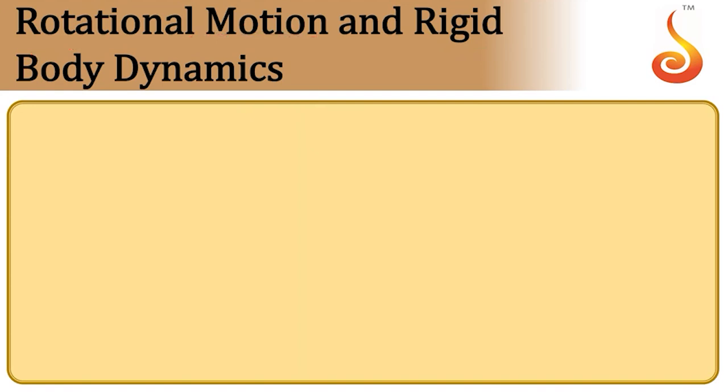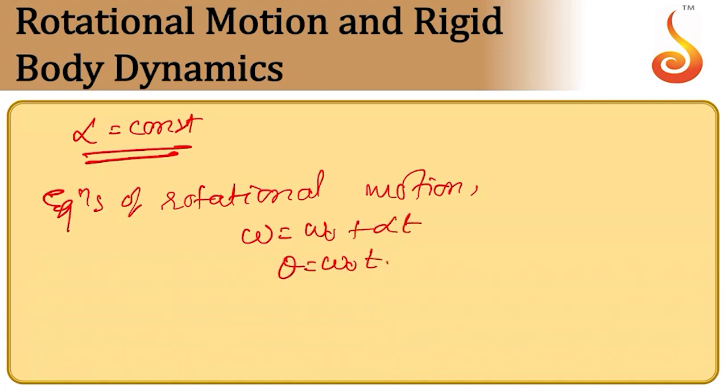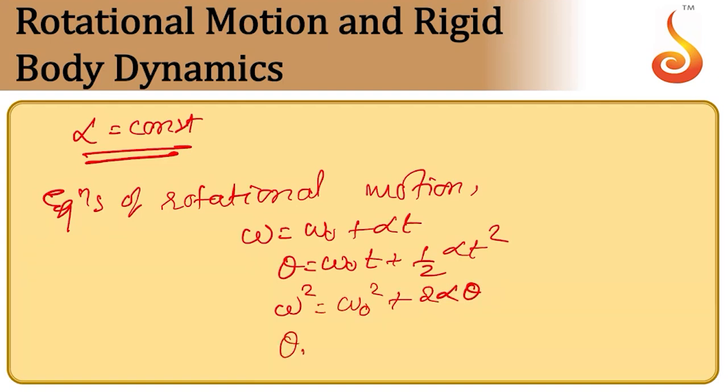Suppose I consider constant angular acceleration, then the equations of rotational motion can be written like this: omega is equal to omega naught plus alpha t, theta is equal to omega naught t plus half alpha t square, omega square is equal to omega naught square plus 2 alpha theta, and theta n is equal to omega naught plus alpha divided by 2 into 2n minus 1.